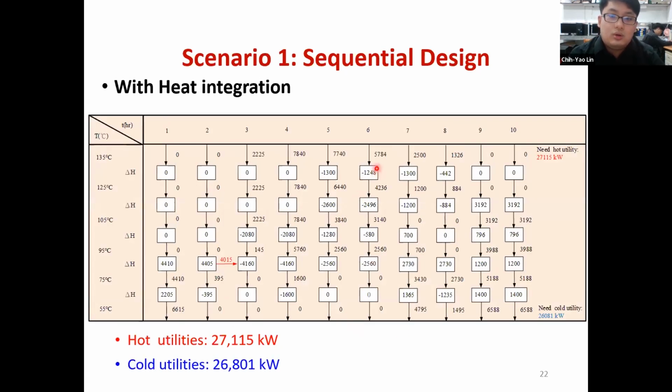We use the result of sequential scheduling to do heat integration. Then we obtain hot utility demand of 27,150 kilowatt, and cold utility demand of 26,801 kilowatt.